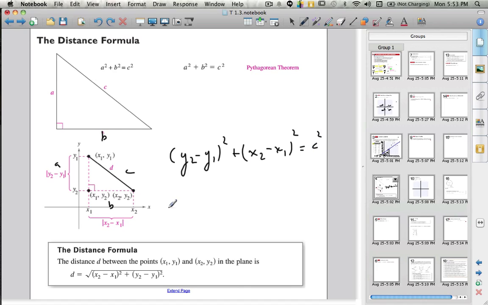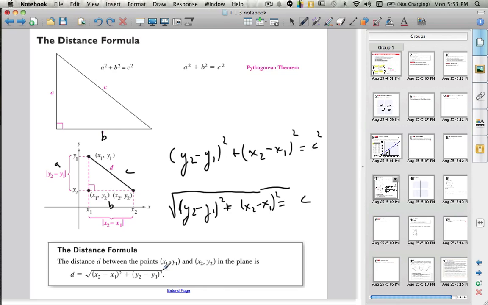And if I take the square root of either side, I'll get that the length of side C will be equal to the square root of (y2 minus y1) squared plus (x2 minus x1) squared.